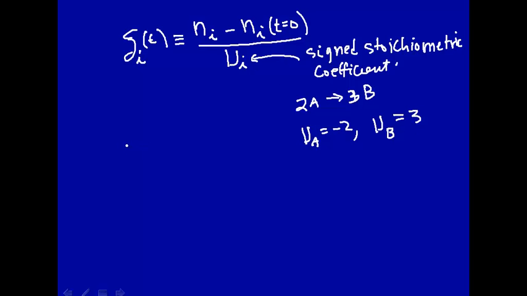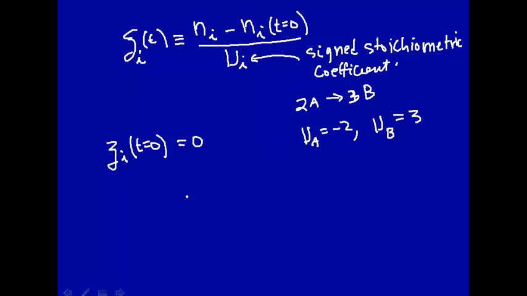So note that for some species at time equals 0, the number of moles at time equals 0 is subtracted from itself, giving 0. So the extent of reaction starts at 0, and then eventually when it reaches equilibrium, you'll have a certain number of moles here, and that will be subtracted off from the moles that you started with, and then divided by the signed stoichiometric coefficient, and you get a number which will be in moles. So ξ is in moles.